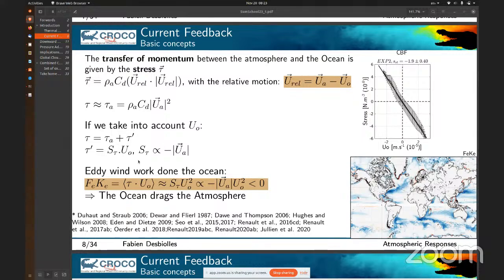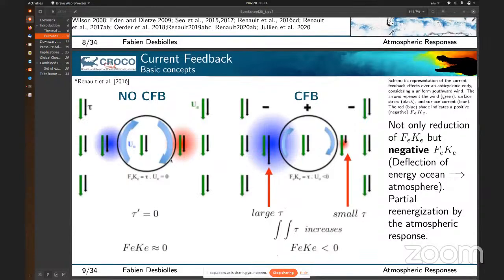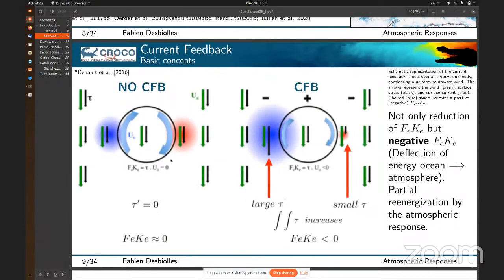And here there is another sketch done by Lionel, and I'm going to go past it quickly because Pierrick presented it last week. But the idea is that when a homogeneous wind blows over an eddy, if we take into account the two opposite currents, we're going to have a more negative wind work on the negative wind work side and a bit less positive wind work on the positive side.